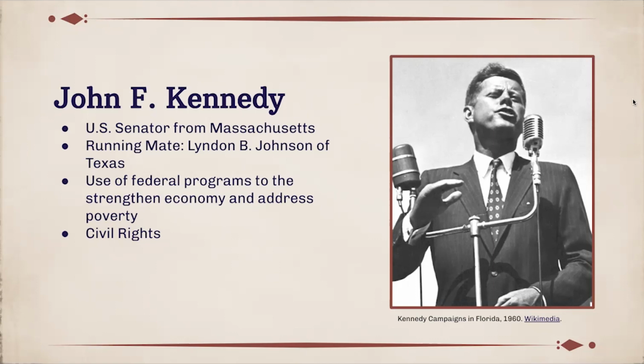And he had his brother, Robert Kennedy, call a judge and help to secure the release of Martin Luther King. And that intervention and that public support of Martin Luther King and the civil rights movement helped to gain support amongst Black voters for John F. Kennedy.